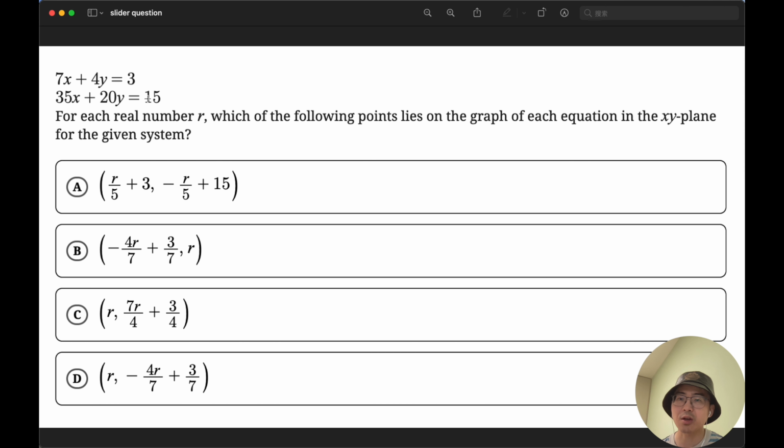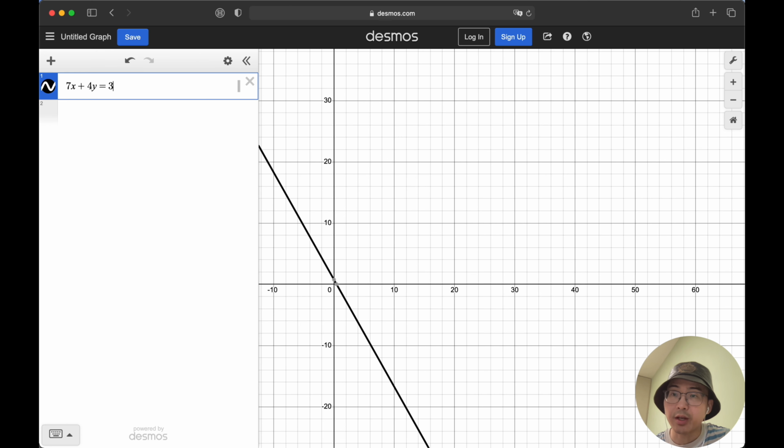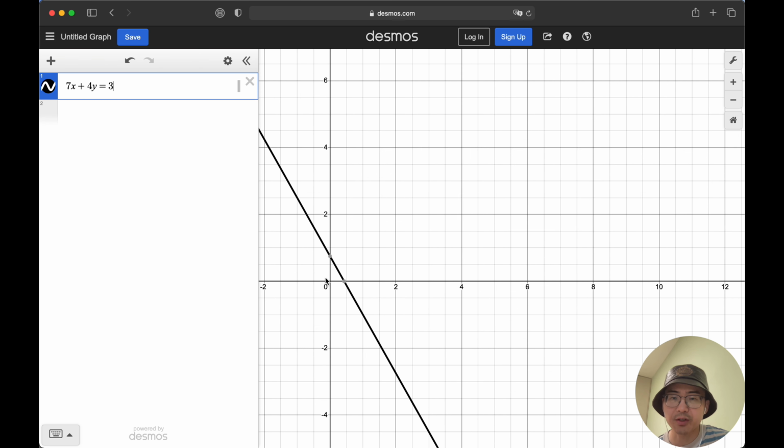That means when we test out all the choices, we only have to input one of the equations. To make things easier, let's just input the first equation, 7x plus 4y equals 3, okay? So here we have a graph for this function.